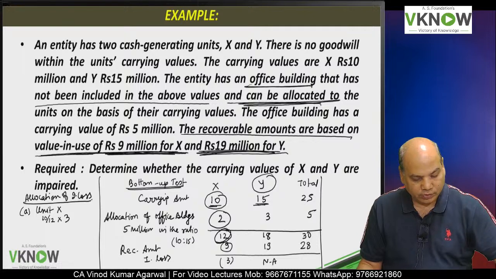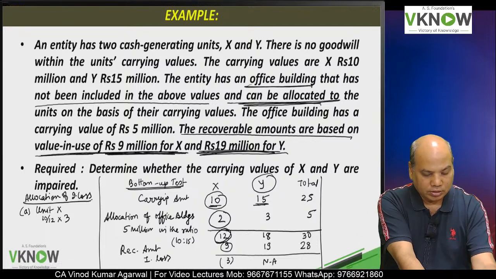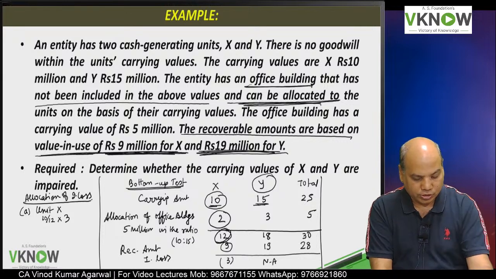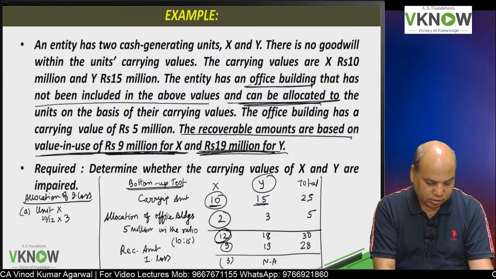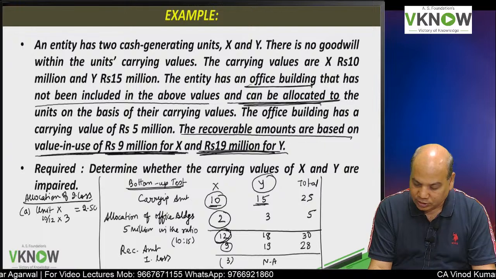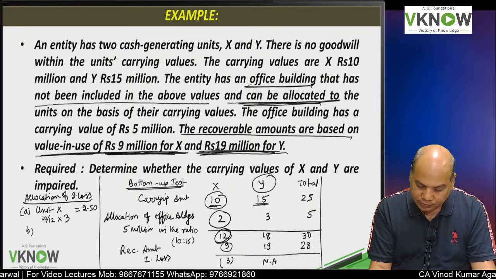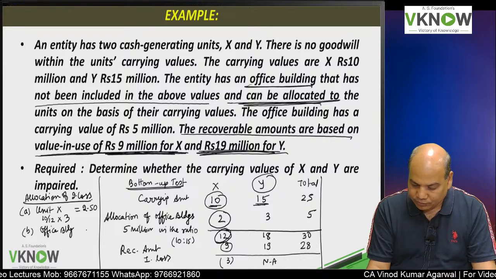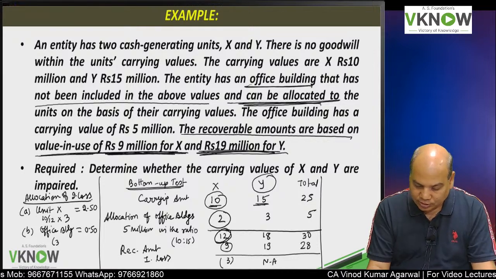Can you please reply? 10 divided by 12 into 3 is how much? It is 2.5. So unit X will take an impairment hit of 2.5 and the office building will be the 0.50 balance, that is 3 minus 2.50.